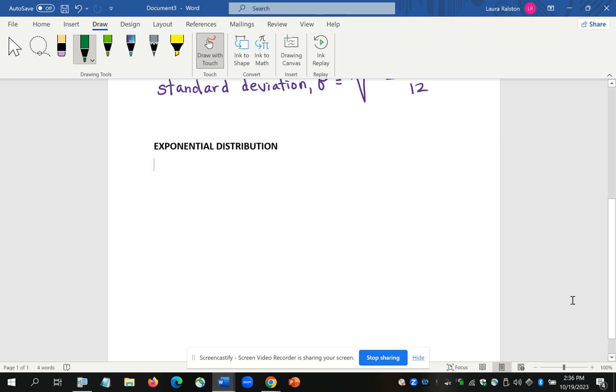Now, one of the formulas that you might want to write down, but quite honestly, you don't really need, is the function that models the exponential distribution. That function is m, which is your decay parameter, times e, which is the natural number, raised to the negative mx power.